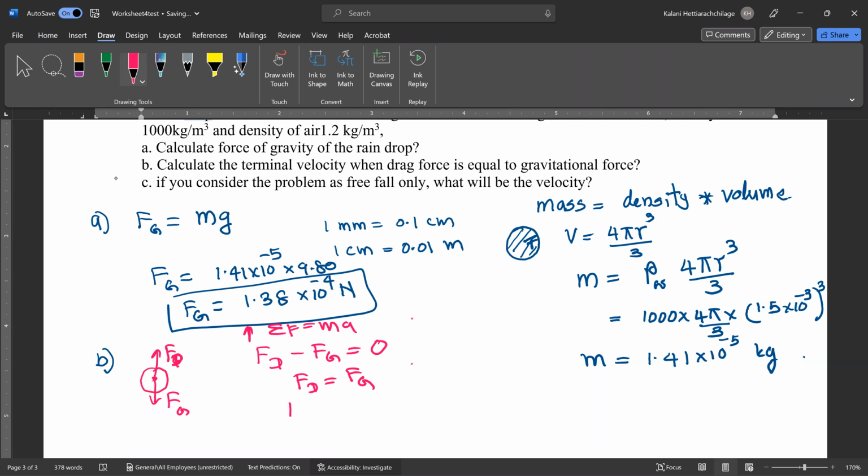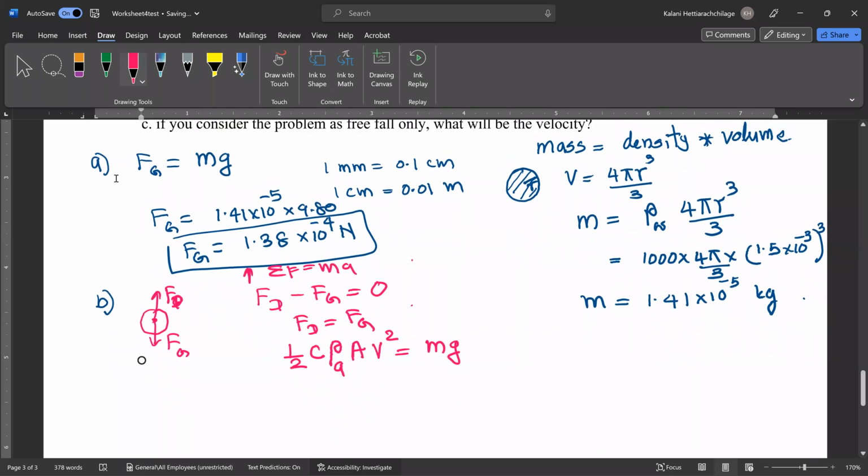So that will be half C, where C is the drag coefficient, times the density of the media, the raindrop is going to fall in the media of air, so the density of the air, times the cross-sectional area of the raindrop, the side view, and then velocity squared. That's the drag force, which should be equal to mass times g, that's the force of gravity.